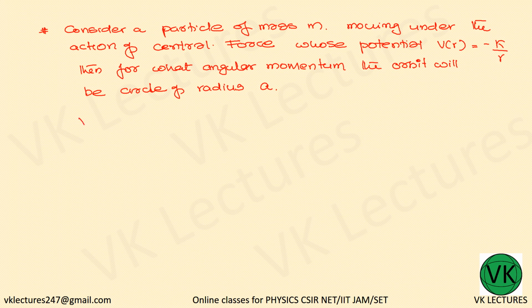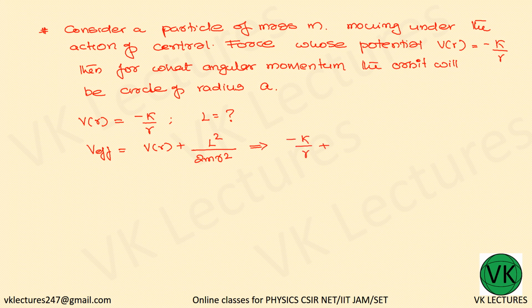Now V of r is equal to minus k by r and L we don't know, we have to find it out. So V effective is equal to V of r plus L square by 2m r squared, which gives us minus k by r plus L square divided by 2m r squared.